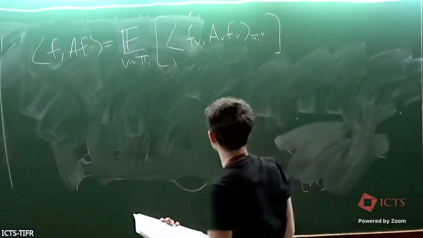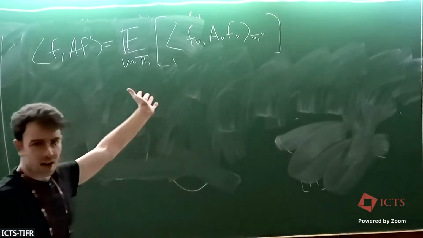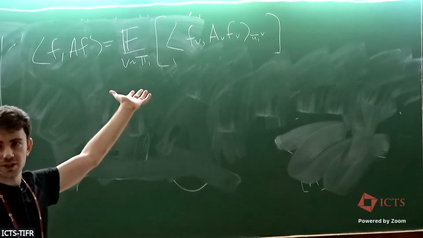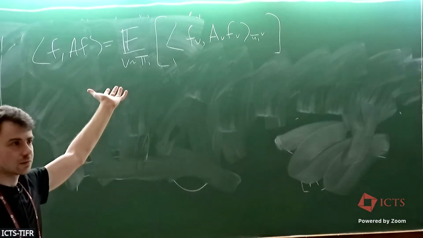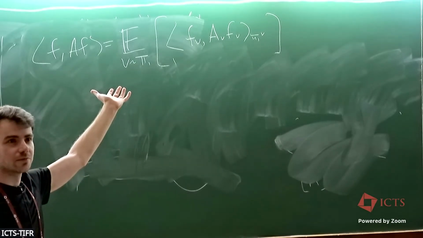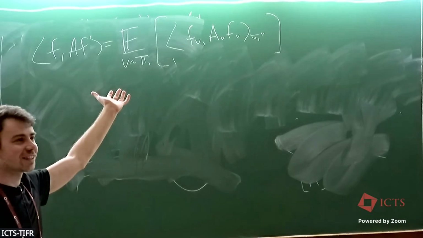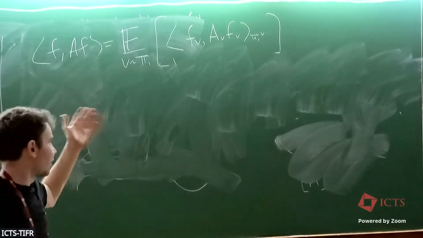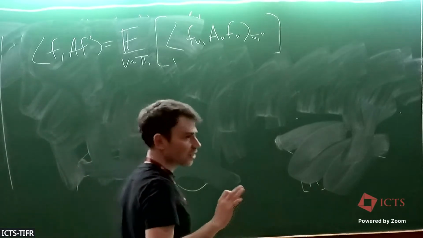And now, what should I do now that I have these local Rayleigh quotients? Somebody said something quietly, but I couldn't hear. Okay, good. We want to use expansion. What does expansion say?